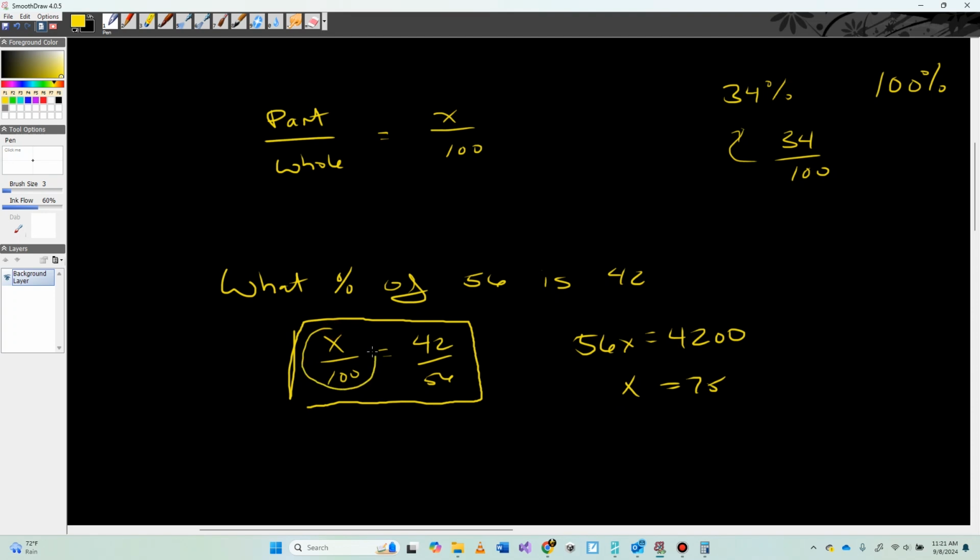X is just the part of my whole. This is the percent, x over 100. So what percent of 56 is 42? The answer to that question is 75%. So it is important that we are precise with our answer. X equals 75, okay, that's good. But 75% of 56 is 42.